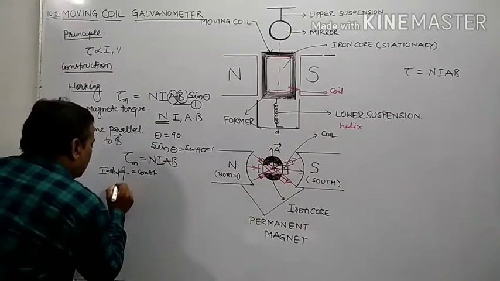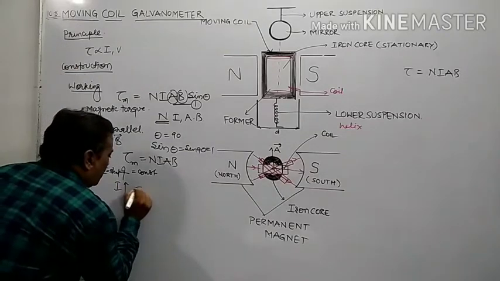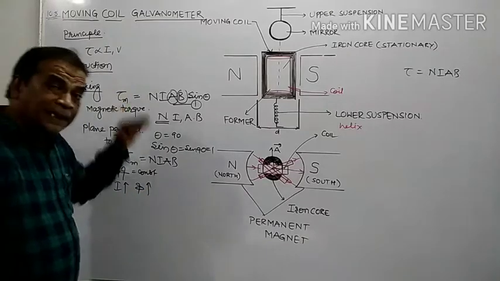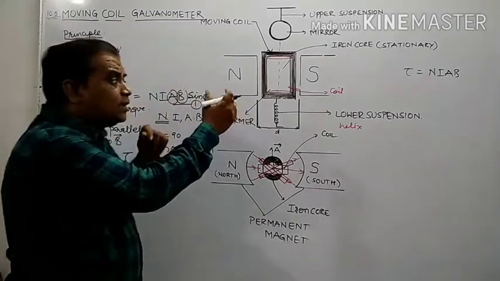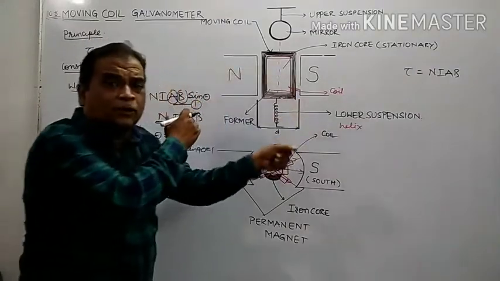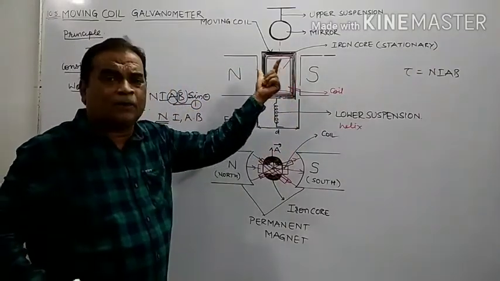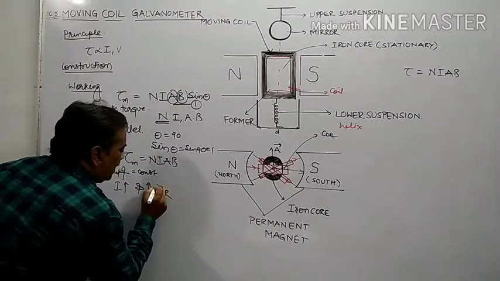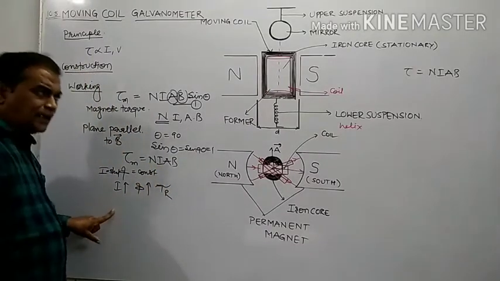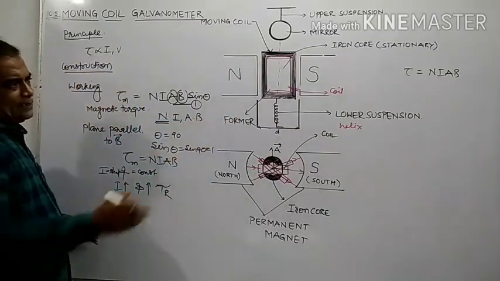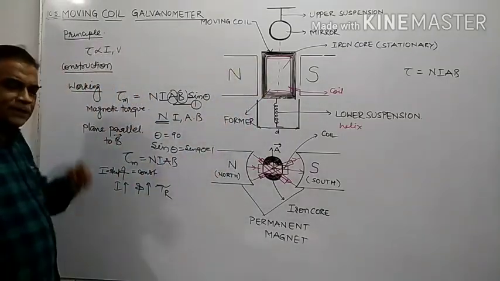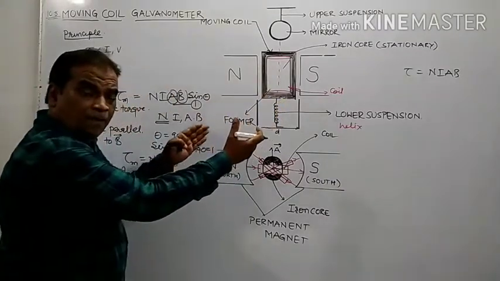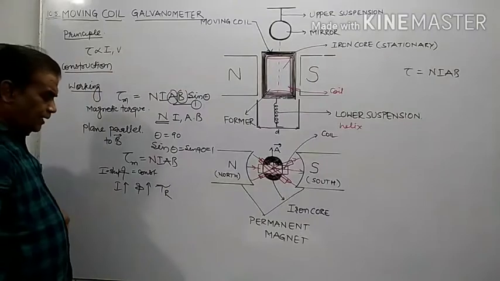It means the greater the current flowing through the coil, the greater will be the angular deflection. The greater the angular deflection, the larger will be the restoring torque exerted by the spring on the coil. Naturally the spring will exert more restoring torque on the coil.